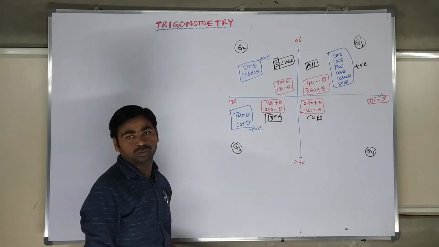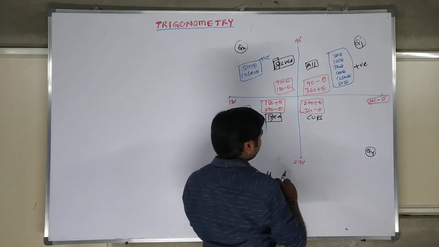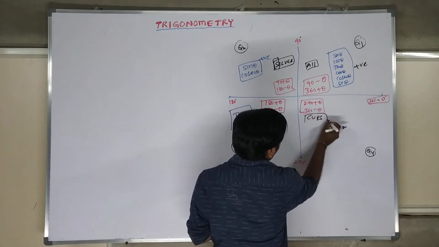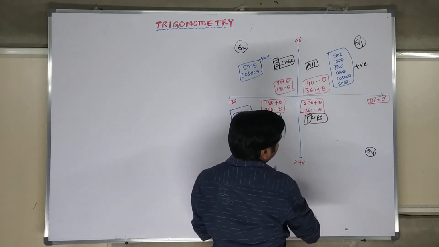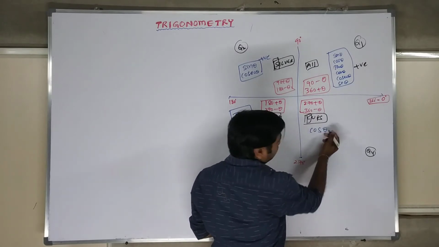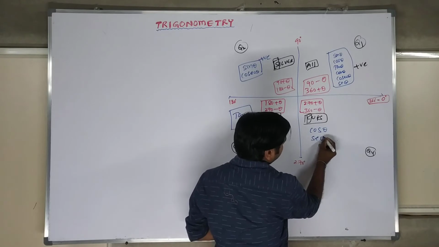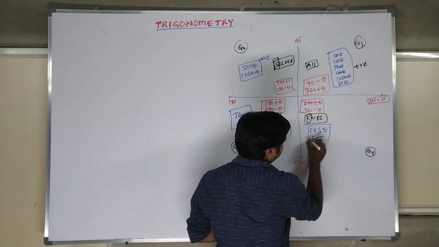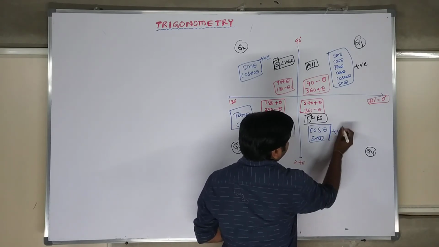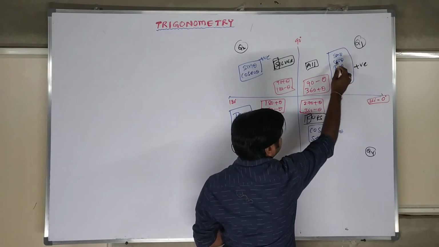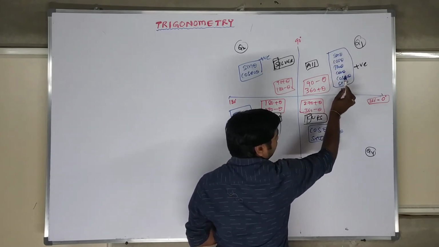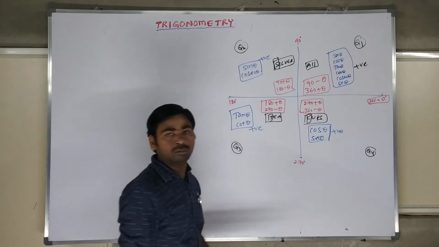Next, Cups: C stands for cos theta. Its reciprocal is secant theta. So cos theta and secant theta are positive. The rest are negative: sin, tan, cot and cosecant theta are negative in the fourth quadrant.